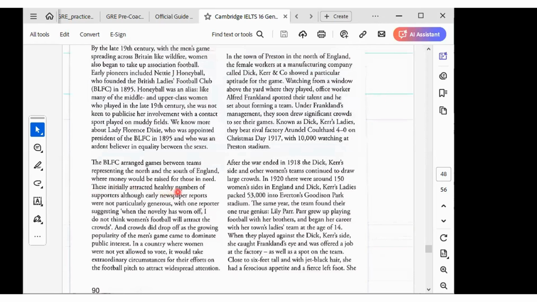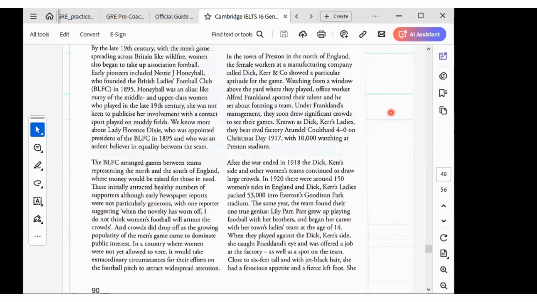This initially attracted healthy numbers of supporters, although early newspaper reports were not particularly generous. What's the meaning of particularly generous? In other words, newspaper reports did not give a positive report of those female football matches.